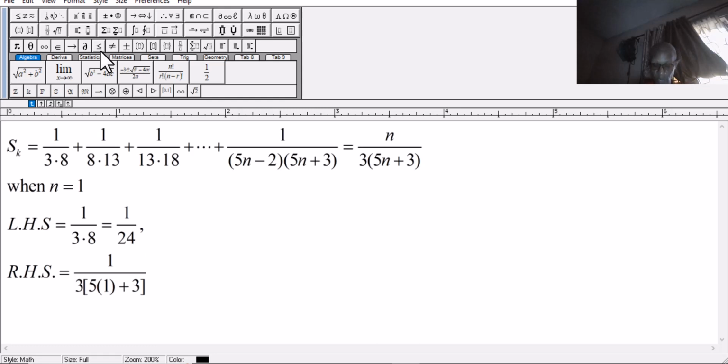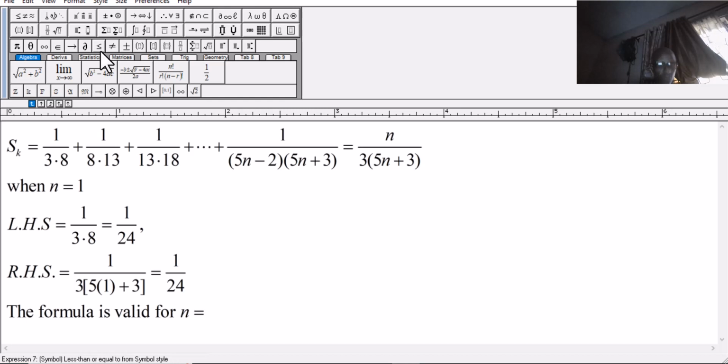So what you still have at the end of the day there is 1 over 24. So we can see that the formula is valid for n equals 1.